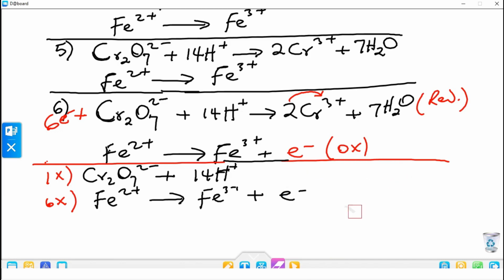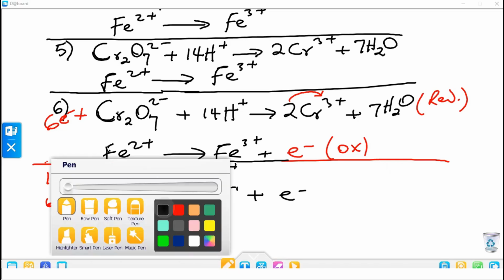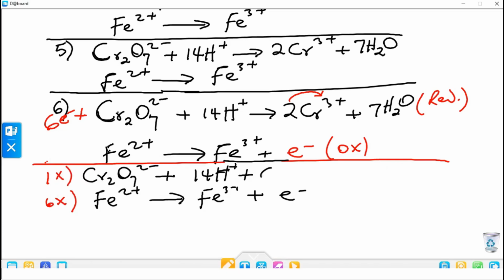I told you electrons can be added either before the Cr2O7 or after it. Anywhere we add the electron is fine. So we just add our 6 electrons here, and then we have our 2 chromium 3 plus and 7 water. I want to believe there is no challenge here. It is still the same thing.